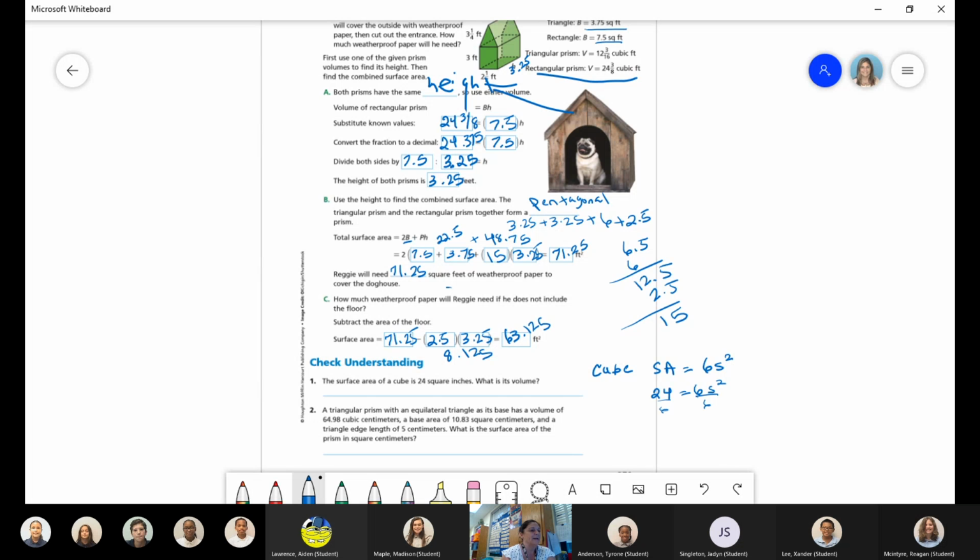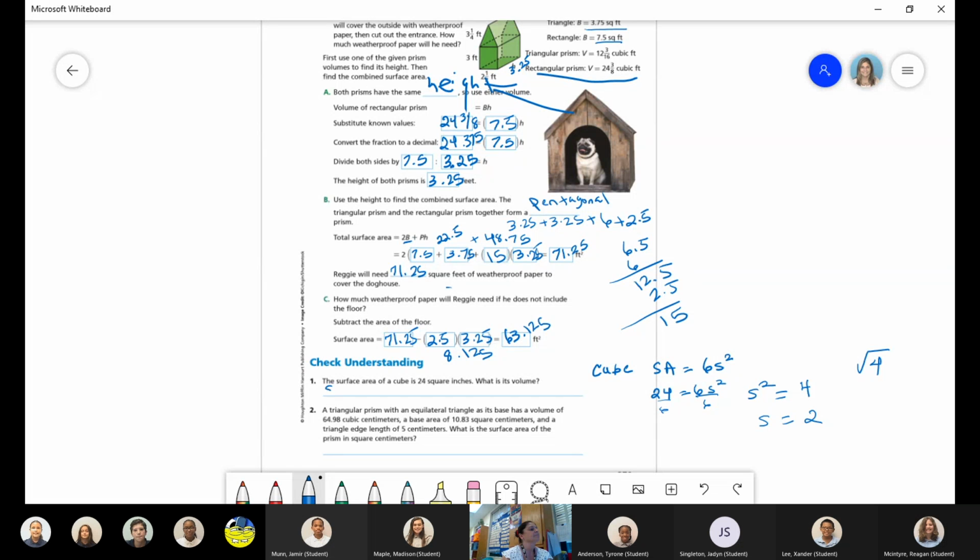So 24 divided by 6 is 4. Yep. So what times what gives me 4? Or I could say, what is the square root of 4? 2. Yep.